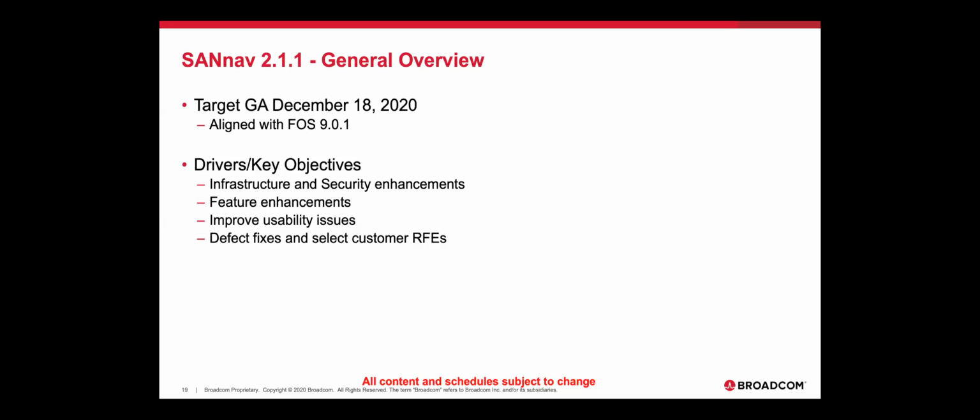We have performed some feature enhancements, and we have addressed some usability issues. We always do that because we want to keep SANnav very professional looking, making sure that we address the most important tasks, tasks that customers do daily, multiple times a day. Those are the workflows that we want to optimize and make sure that the number of clicks is minimized, the right information is present at the right time, etc. And then some defect fixes and some RFEs.